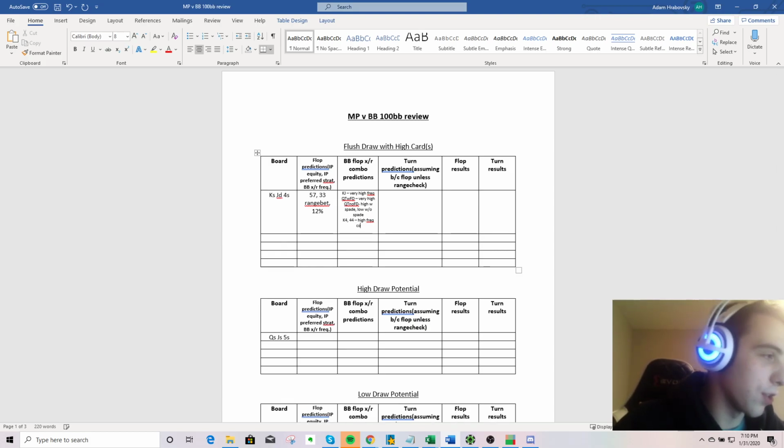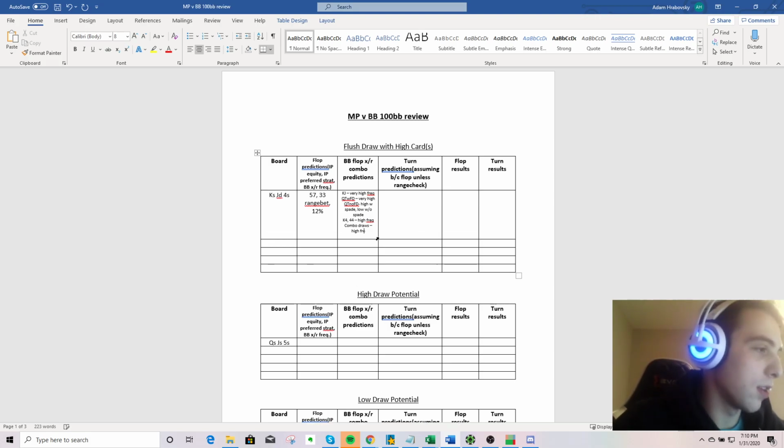I expect all the combo draws to be high frequency. So like the 10-9 of spades, Queen 9 of spades, Queen 10 of spades. Hands like this, I'm expecting.